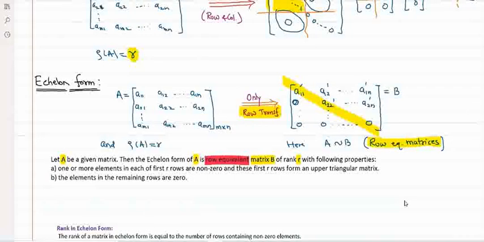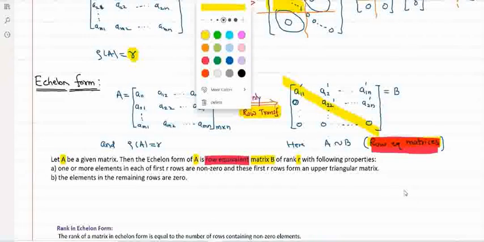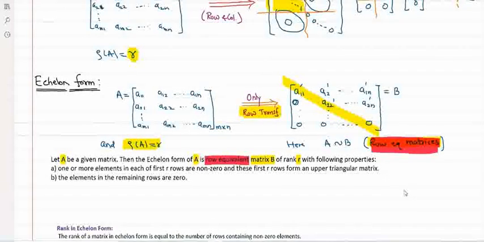That's why these two matrices are called row equivalent matrices. The first condition says that the initial R rows, I will use some Marathi words also, where does this R number come from? R is nothing but the rank of the matrix. That is the assumption. So the first R rows form an upper triangular form.